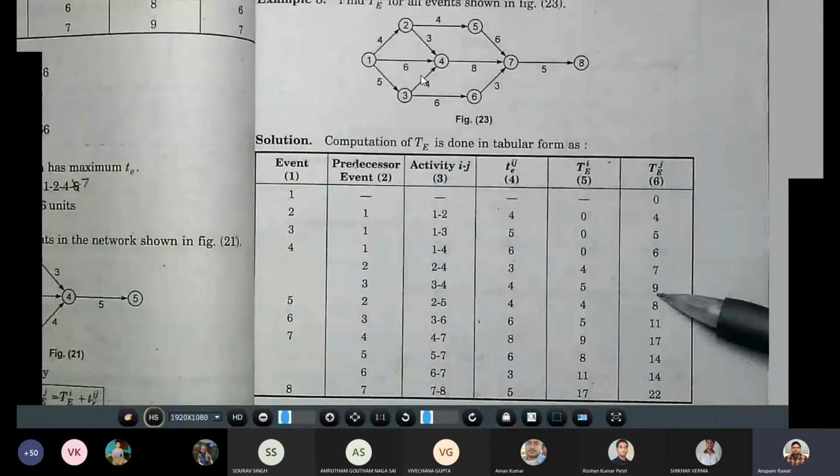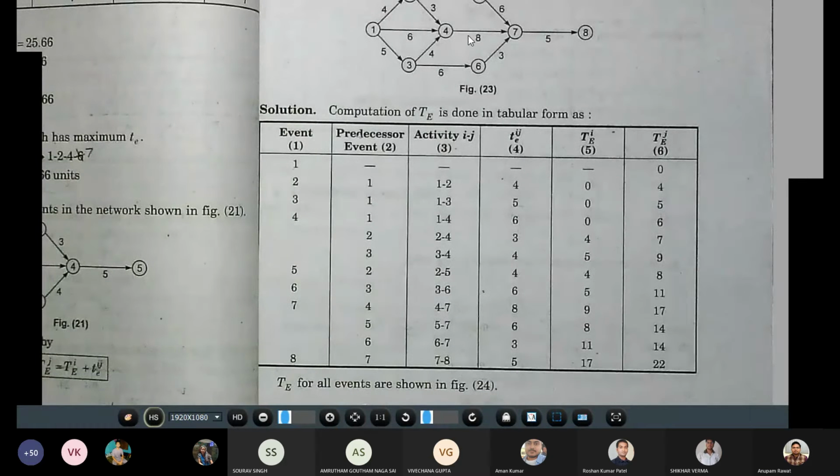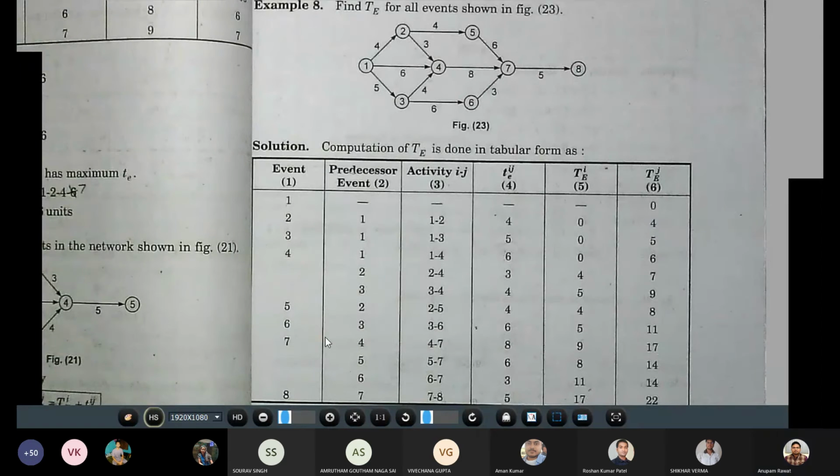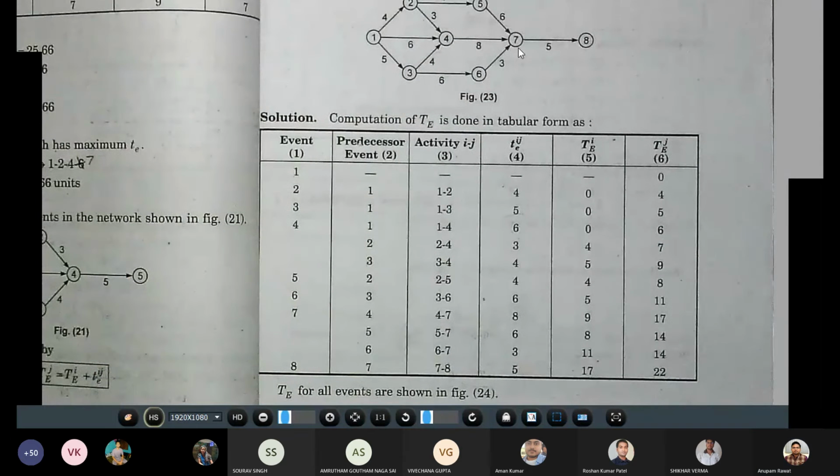Similarly for the other events, for event number 5, the predecessor is event number 2. For event number 6, the predecessor event is 3. For event number 7, the predecessor events are 4, 5, and 6. Related activities are given: 2-5, 3-6, 4-7, 6-7, and 5-7.